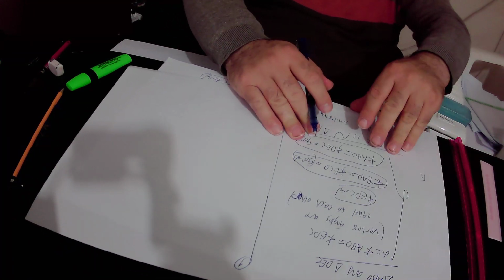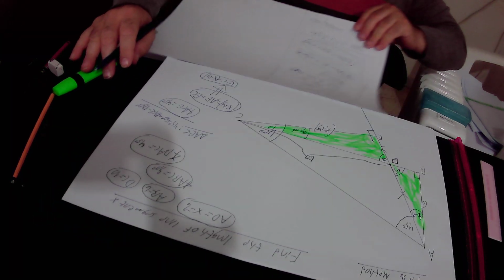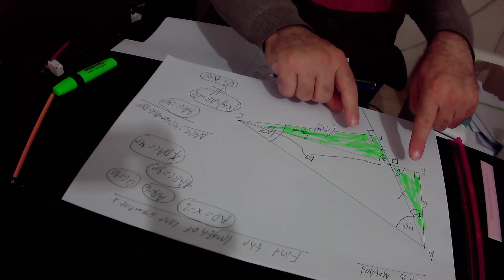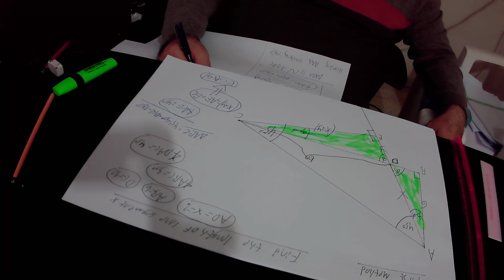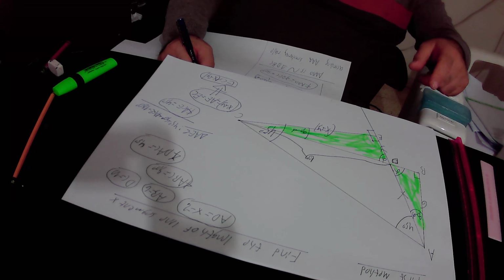And from the fact that those two right triangles are similar to each other, we will conclude that the following relationship exists between their sides.